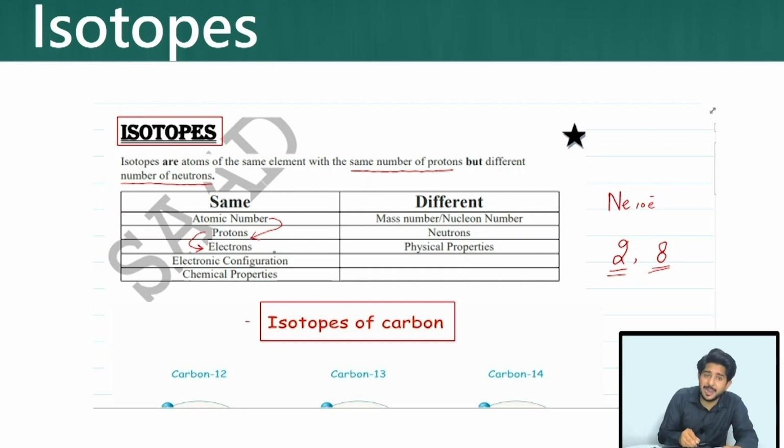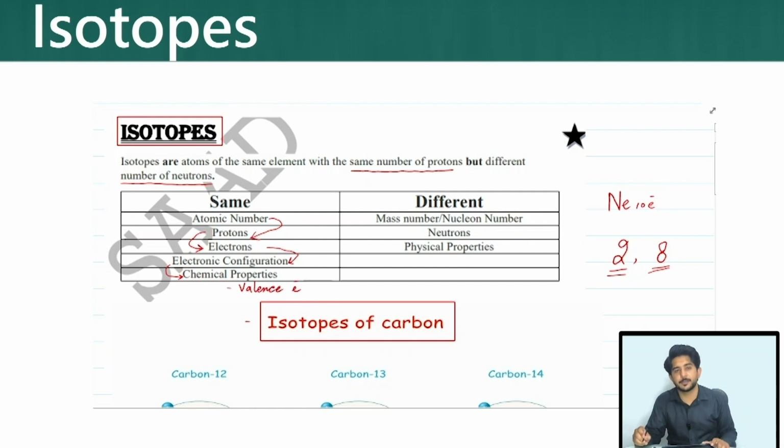So beta, if the electrons are same, it must have same electronic configuration. And same electronic configuration means the same chemical properties. Chemical properties depend upon the number of electrons present in the outermost shell. So chemical properties depend upon the valence electrons. If the valence electrons are same, it means they have same chemical properties.